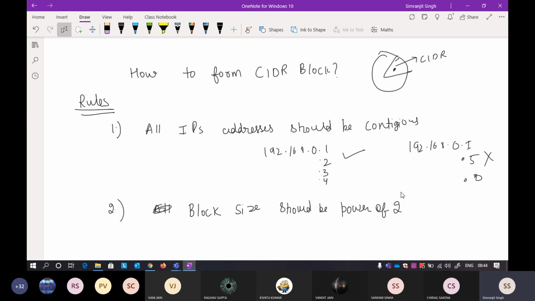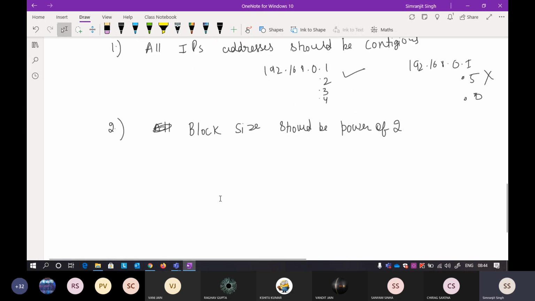Now, if you go into operating systems or computer architecture, you will always see that in OS, in paging and segmentation, the page size will always be a power of 2.